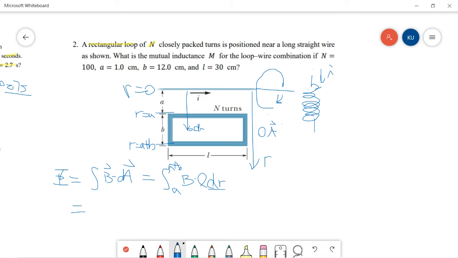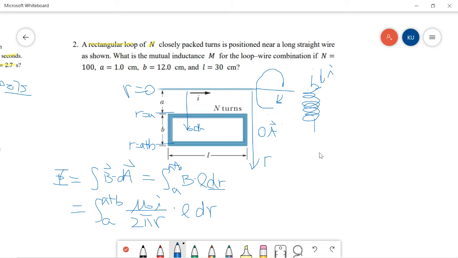And in chapter 29, we know that the magnetic field generated by the long straight wire is mu 0 I over 2 pi r. That's why we call the axis r. But actually you can call it x, no problem.